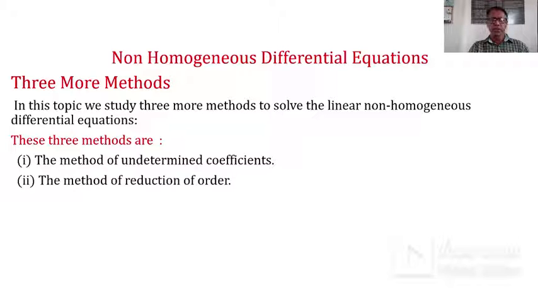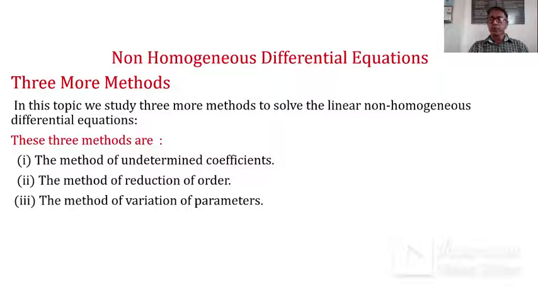Second method is the method of reduction of order, and the third method is the method of variation of parameters, in which these last two methods, the method of reduction of order and the method of variation of parameters, we are able to apply to find the solution of non-homogeneous linear differential equation with variable coefficient also.